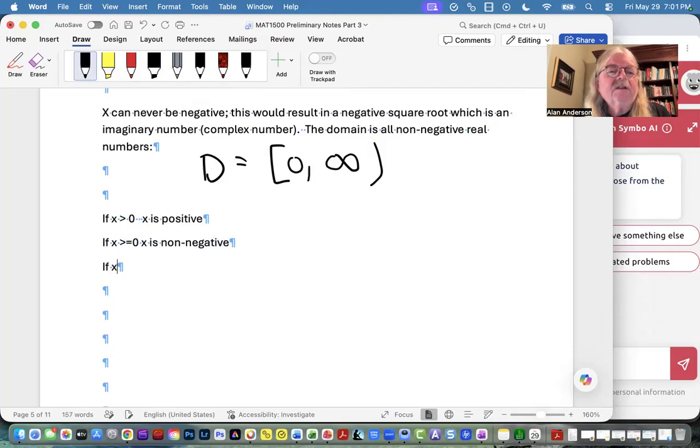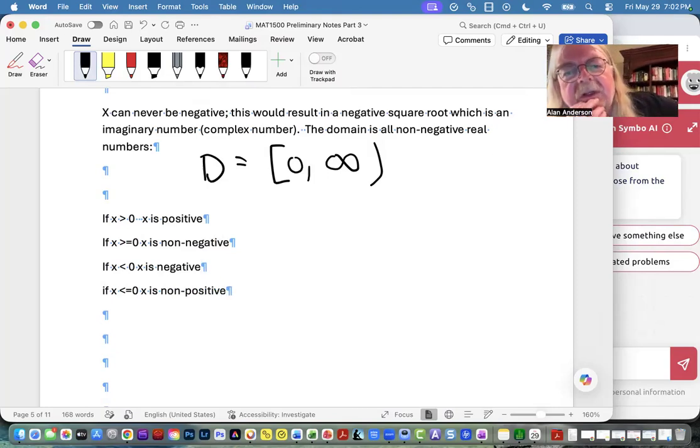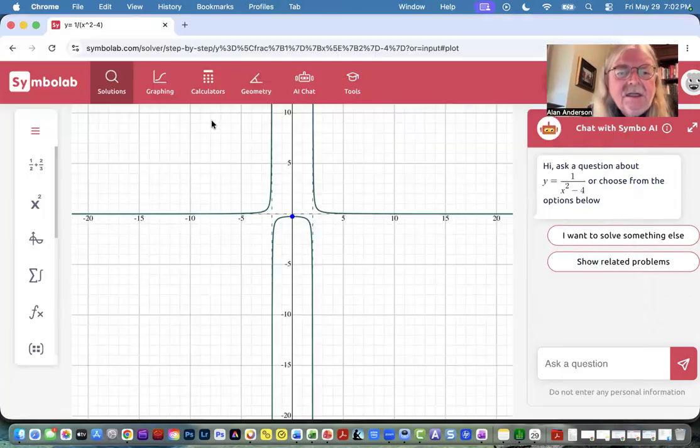If x is strictly less than zero, we say that it is negative. And if x is less than or equal to zero, we say that x is non-positive. I just want to remind you what these terms actually mean. So here we have a domain of all the non-negative real numbers, meaning that positive or zero are allowed.